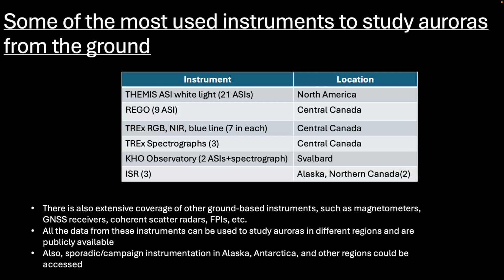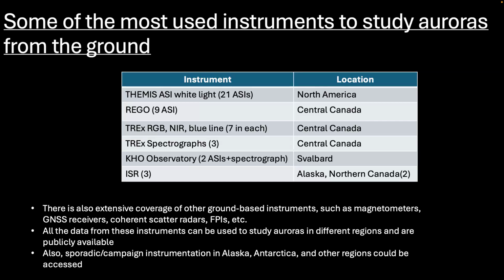So as a very, very quick summary, we have many instruments in the magnetosphere aeronomy community that can be used in connection with PUNCH. This is a list of some of them. We have 21 Themis all-sky imagers. We have red line imagers that are usually very useful to observe those very low energy precipitation, so dimmer aurora. We have the Transition Region Explorer in many different wavelengths, plus the 3 spectrographs.